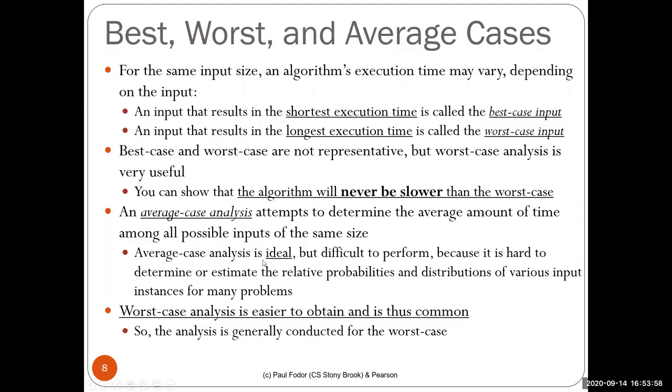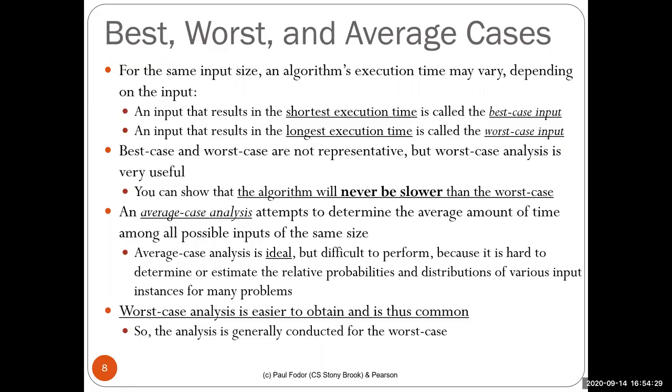In most cases, we'll talk about worst case analysis. In some cases, we'll see that average case analysis is better because it tells us on average how often we will get the worst case. Merge sort is such a good algorithm, and quicksort. Quicksort has a log linear average case, but a worst case that is quadratic.